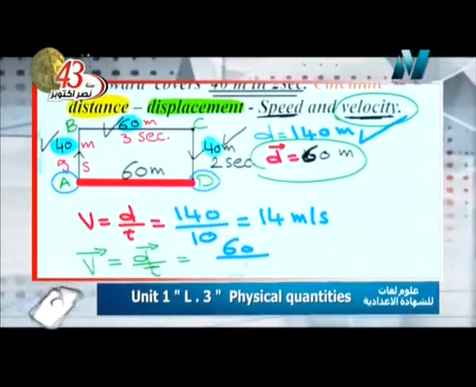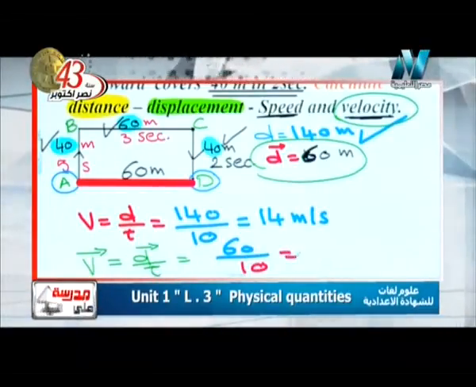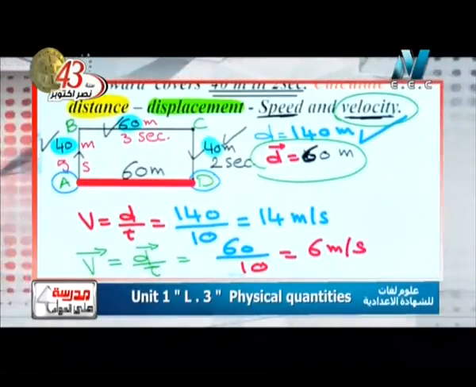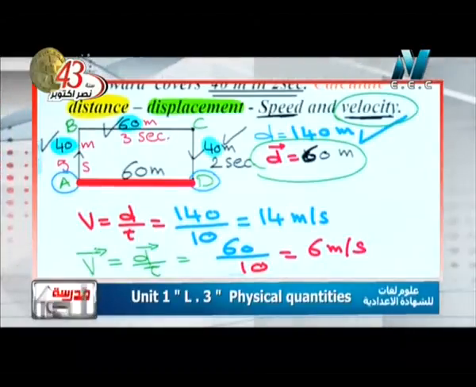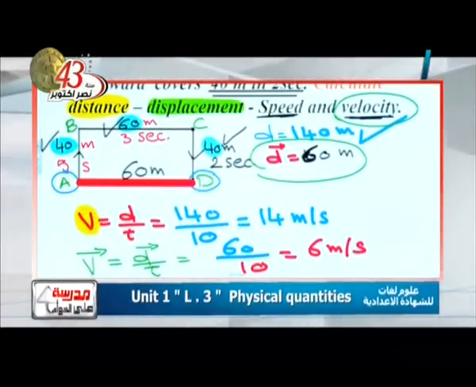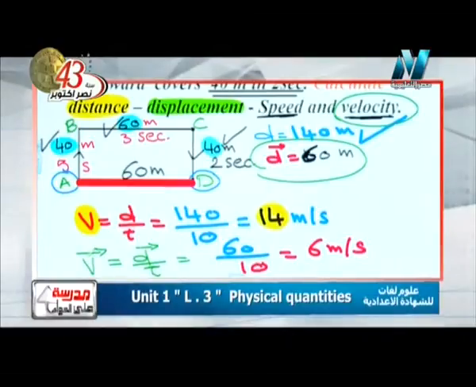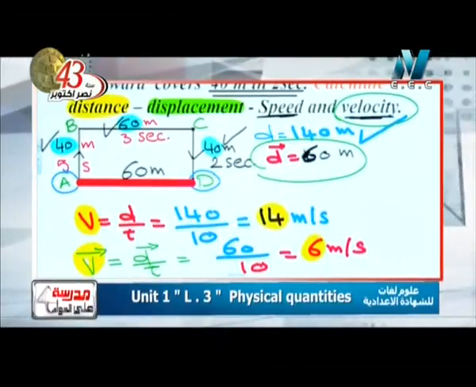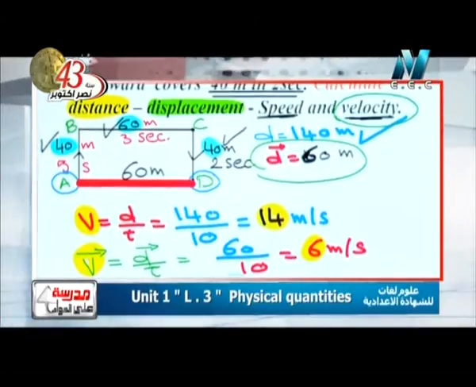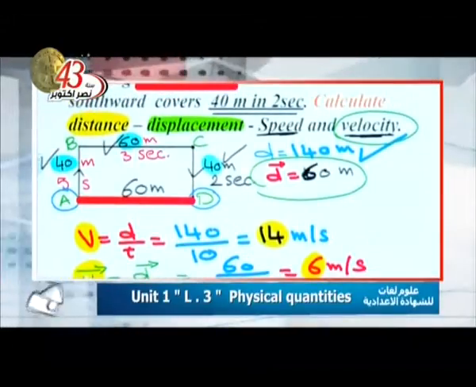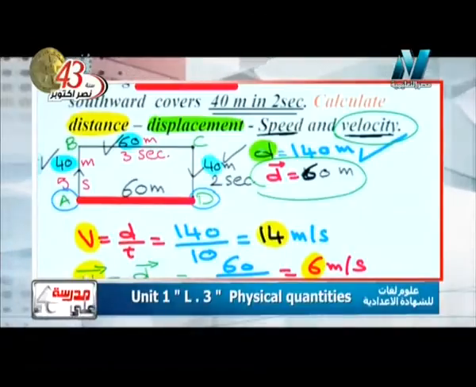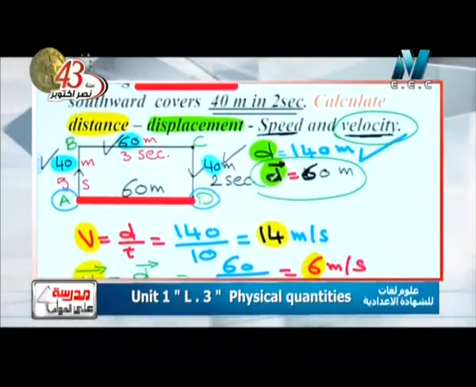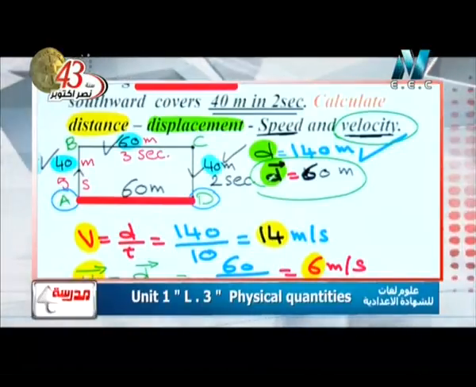So over 10 equals 6 meters per second. So now we know speed equals 14 meters per second and velocity equals 6 meters per second. We have a great difference between speed and velocity, and also between distance and displacement: distance equals 140 meters and displacement equals 60 meters.